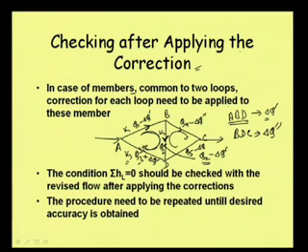This flow is in the anti-clockwise direction, so it will be q5 plus delta q double dash.